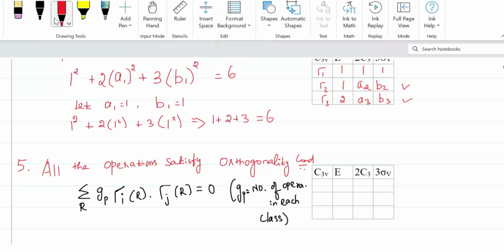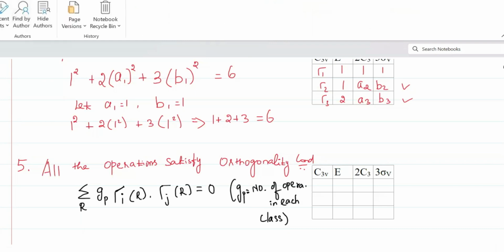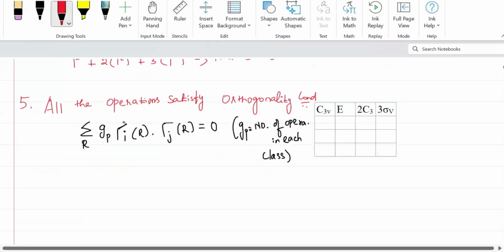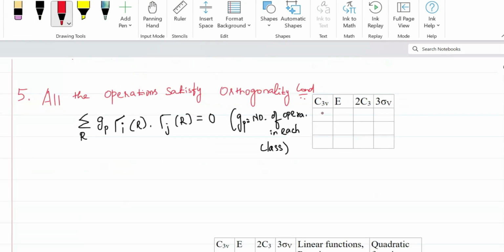Now let us try out the other irreducible representations. Here we are writing again 1, 2 and 3. We have evaluated 1, 1, 2, and here it is 1, 1, and here it is A2, B2, A3, B3.